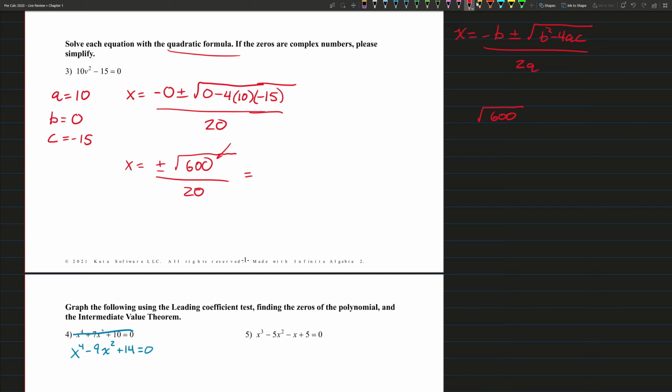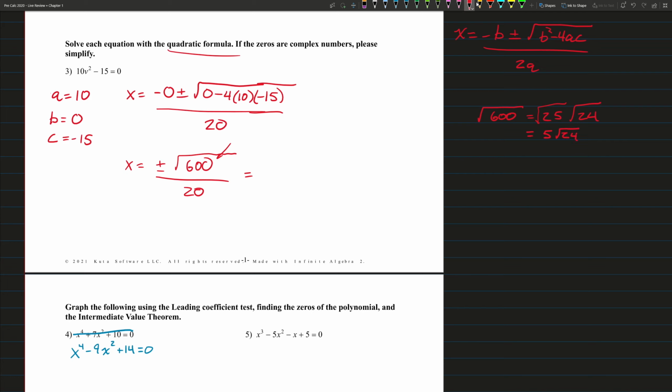I know we can take a 25 out. 25 into 100 is 4, and then times 6, so that's 24. Okay, so we can rewrite square root of 600 as square root of 25 times square root of 24. Square root of 25 is just 5. So we have 5 rad 24.